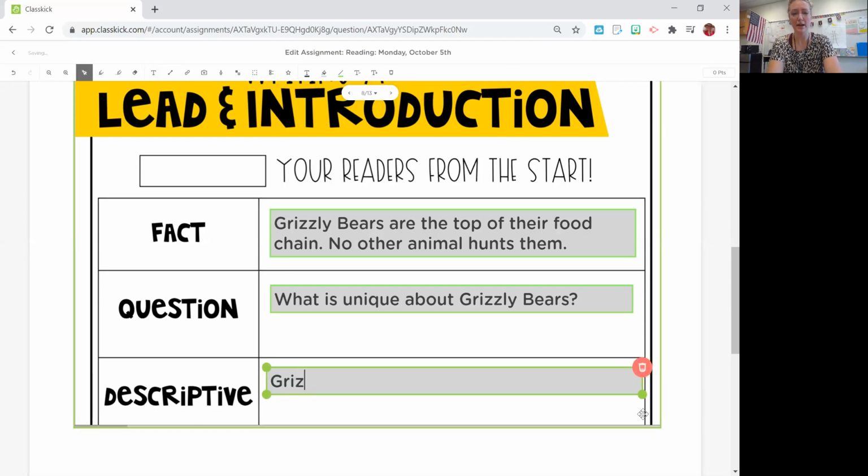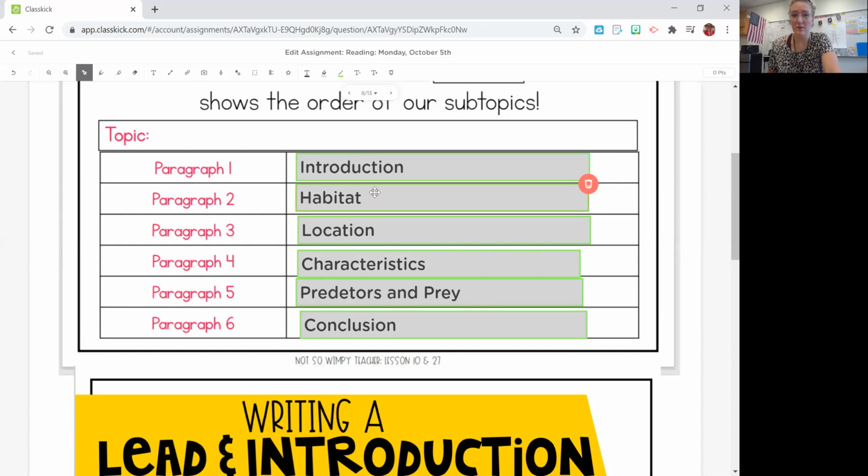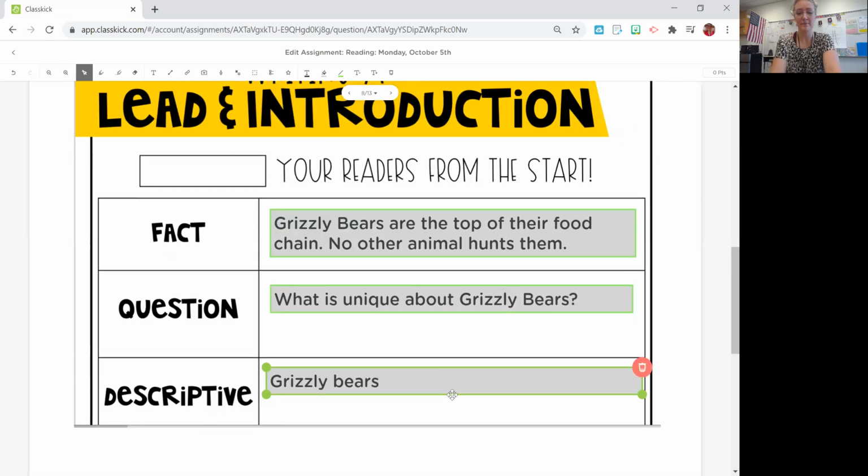So grizzly bears. And I'm going to describe what I'm going to talk about in my story. This is where I'm going to list all of my paragraphs. So I can talk about their habitat, location, characteristics, predators, and prey.